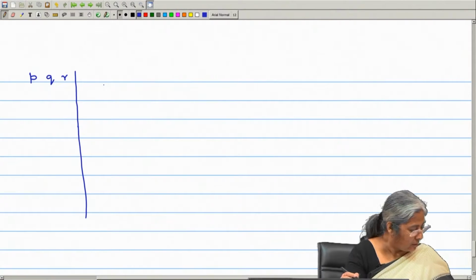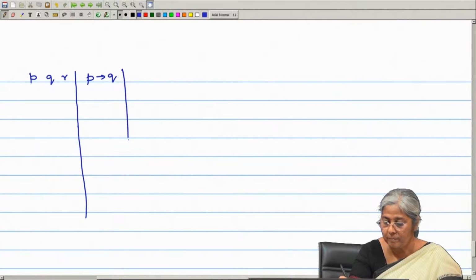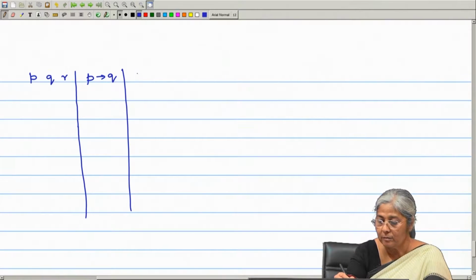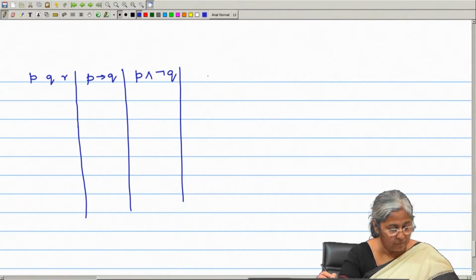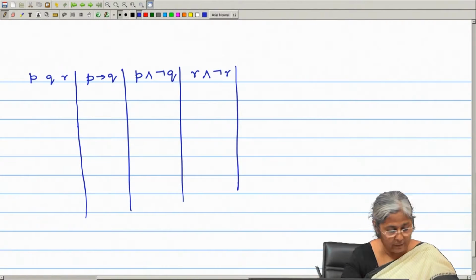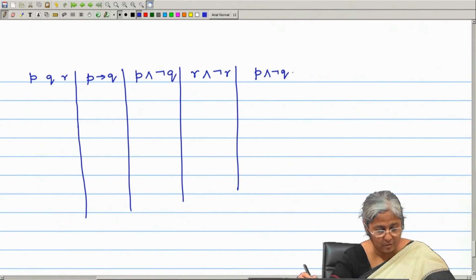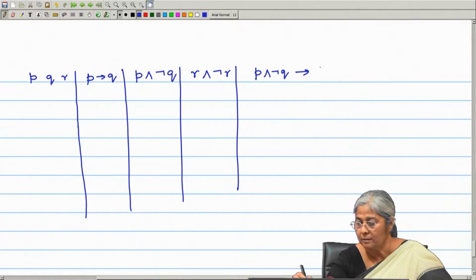Then we take P implies Q, if P then Q, then our assumption that P and negation Q that we have assumed for contradiction, and then the contradiction itself, R and negation R, then whether P and negation Q implies R and negation R.